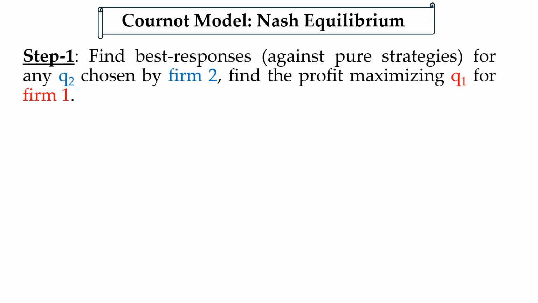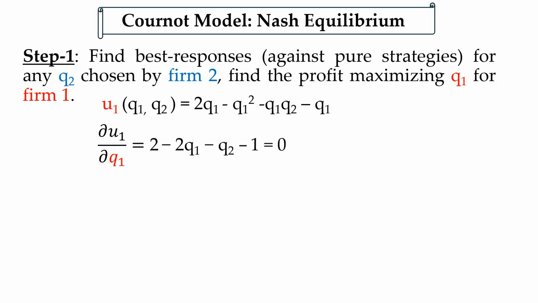To find the Nash equilibrium of this Cournot model, we have to follow some steps. Step 1: find best responses for any Q2 chosen by firm 2. Find the profit maximizing Q1 for firm 1. In that case, the profit function can be written as shown here, and we take the first order condition with respect to Q1.